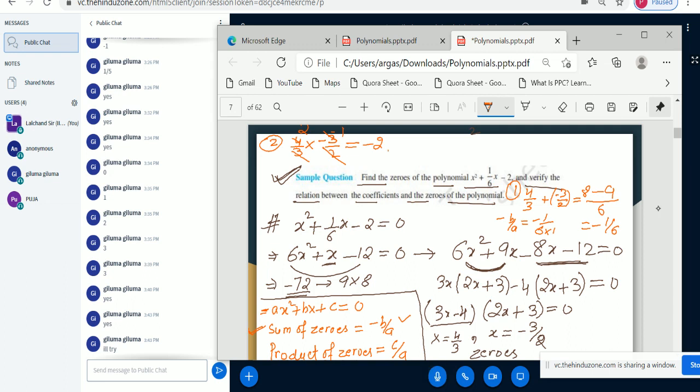Okay, and product of zeros is equal to c by a. So what is the value of c? Minus 2. What is the value of a? 1. So minus 2 equals minus 2. This is also verified.